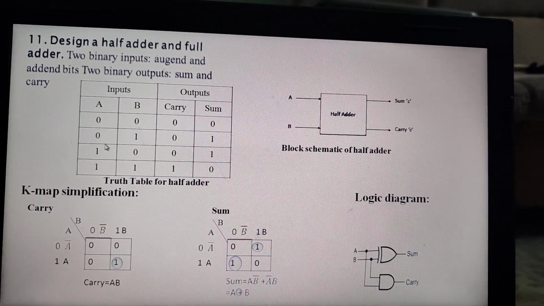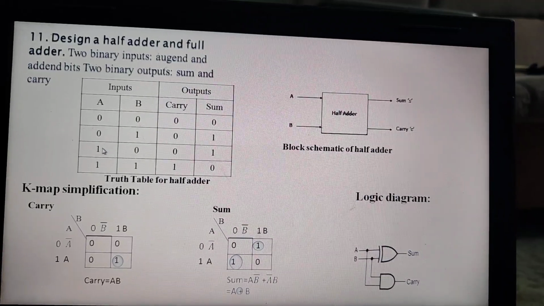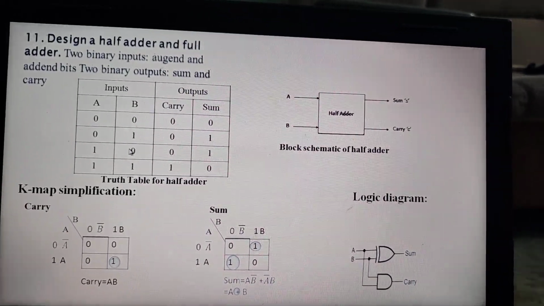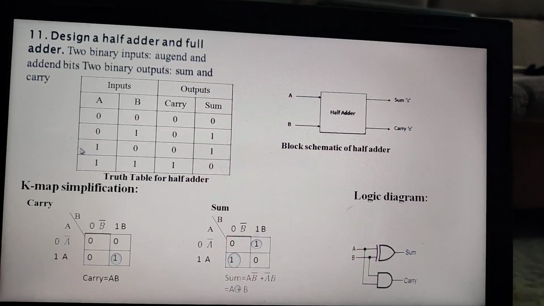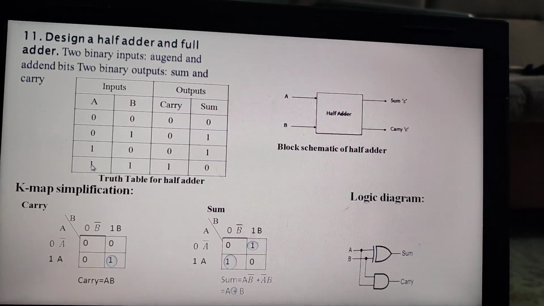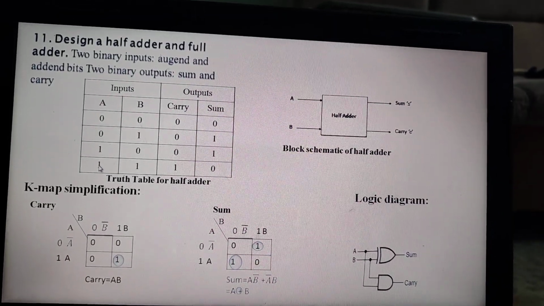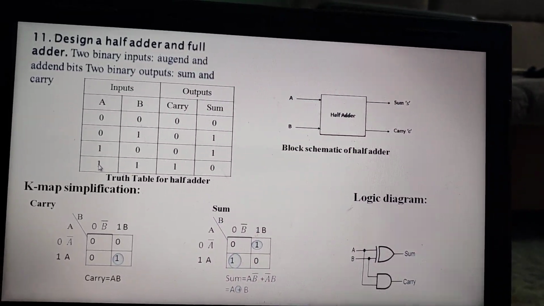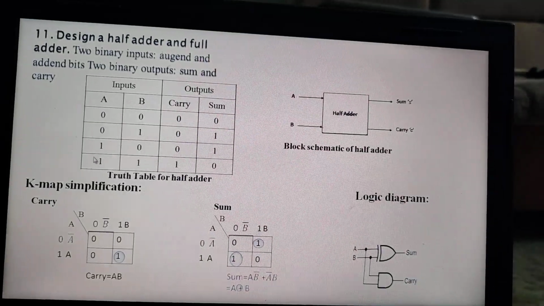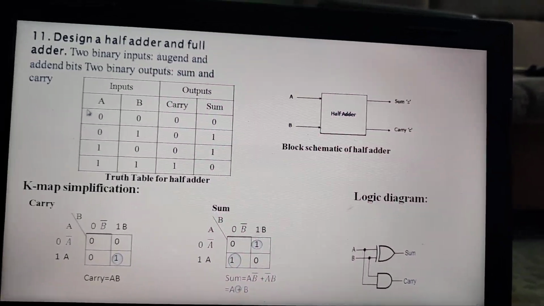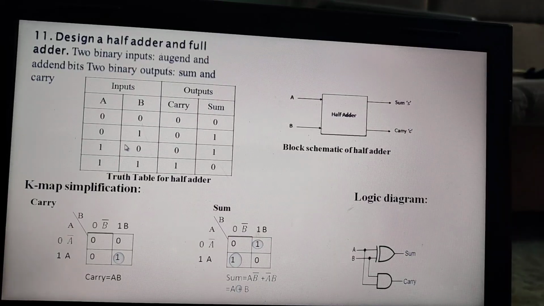In the next case, in the place of 2 I have specified 1, and in the place of 1 I have given 0, which means the input value is 2. And in the place of 1 and 2 it has been given as 1 1, which means a total value of 3. So 0 to 3, a set of 4 values has been specified here.